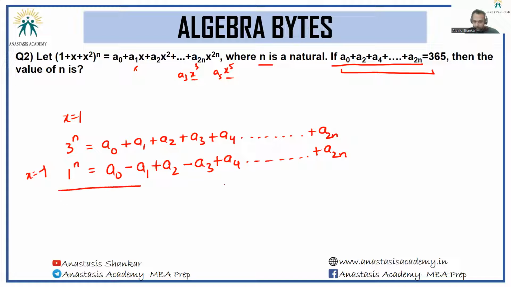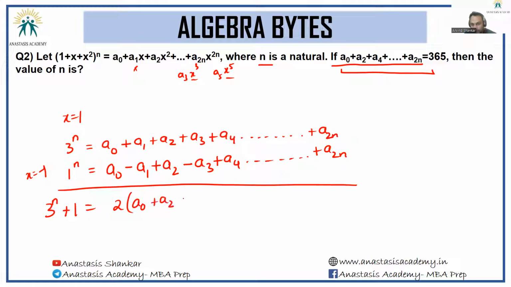So wonderfully well, now what we have is 3 raised to the power n plus 1. I'm adding both these equations. A1 gone, A3 gone. Whatever we are left with is 2 times of A0 plus A2 plus A4 plus A6 blah blah blah up until a to the base 2n.